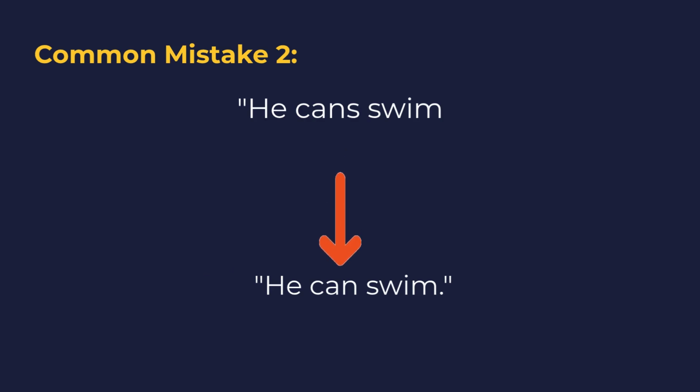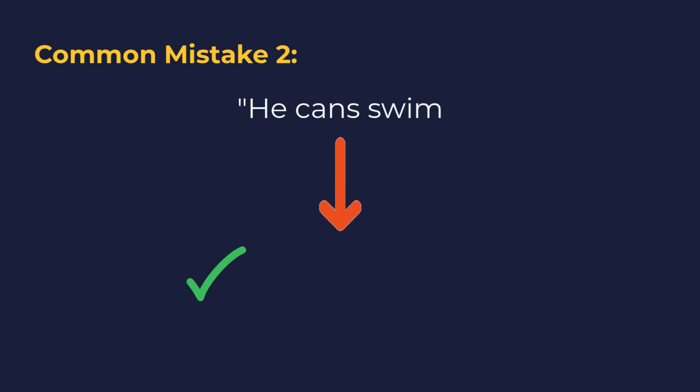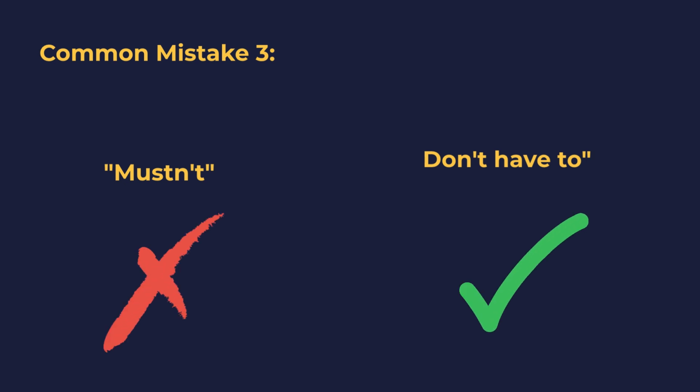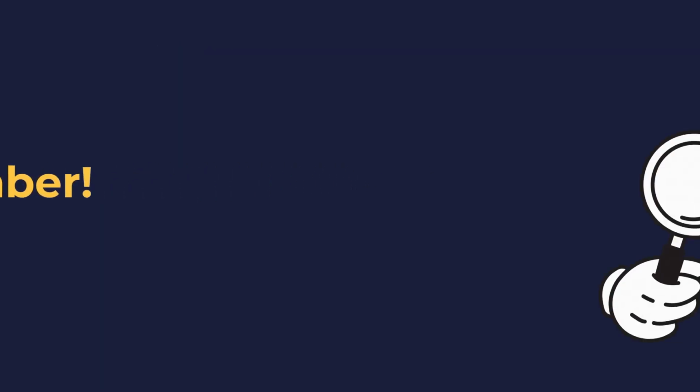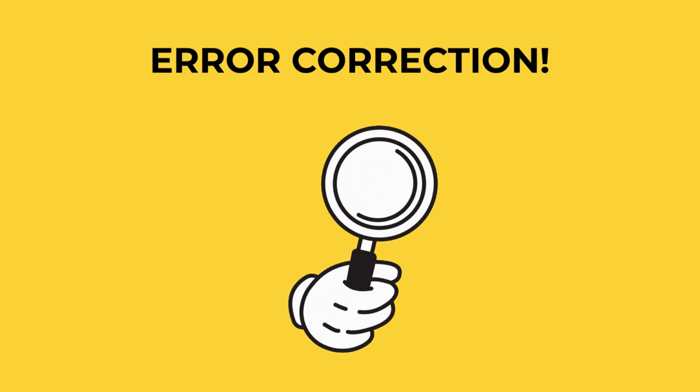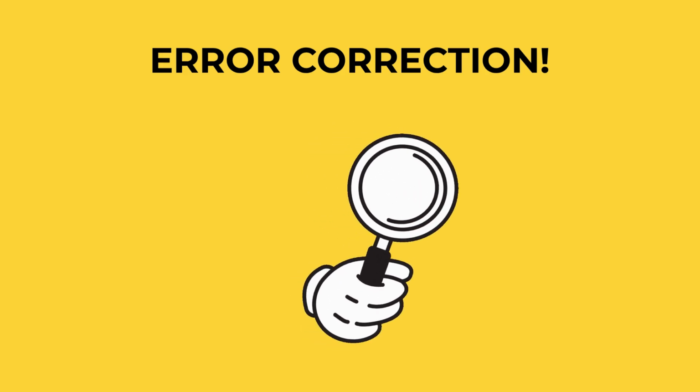Remember, these words don't change. So it's he can swim, not he cans swim. And as we said, it's important to know the difference between mustn't and don't have to. Remember these simple rules.